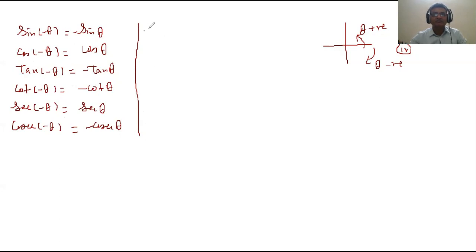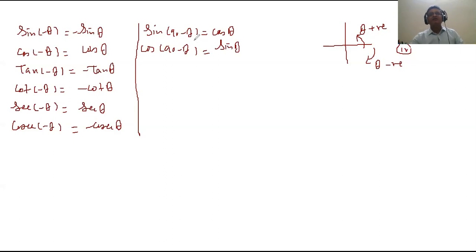Now we are moving to sine of 90 minus theta, which is equal to cos theta. Cos of 90 minus theta is sine theta.